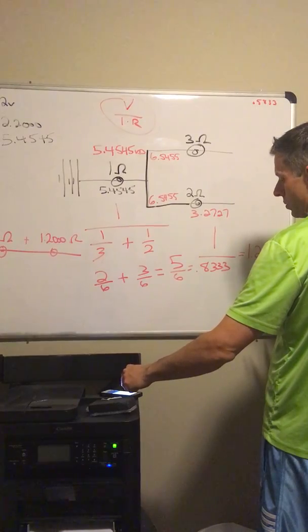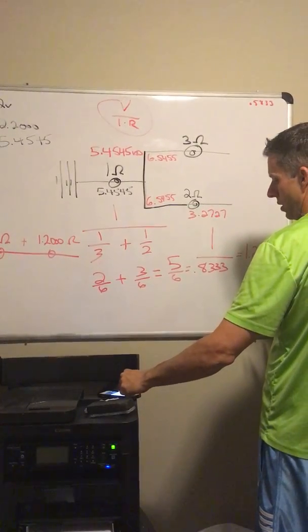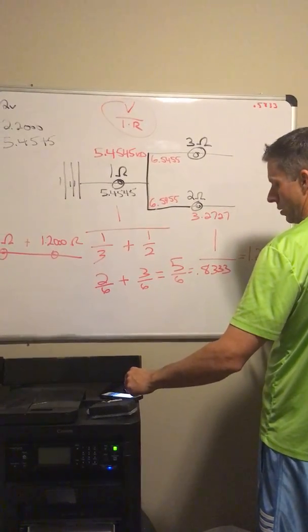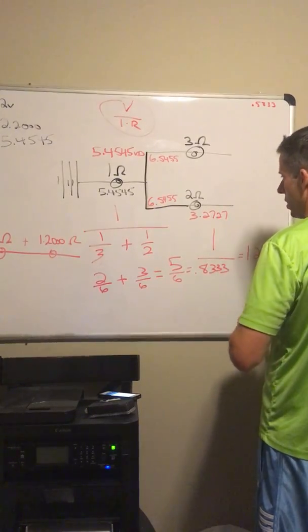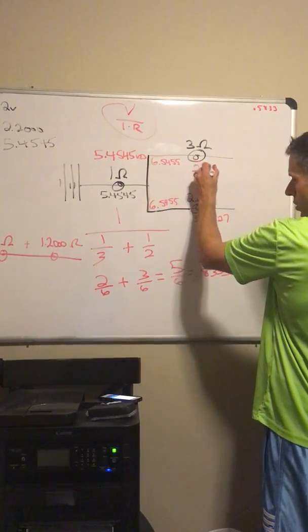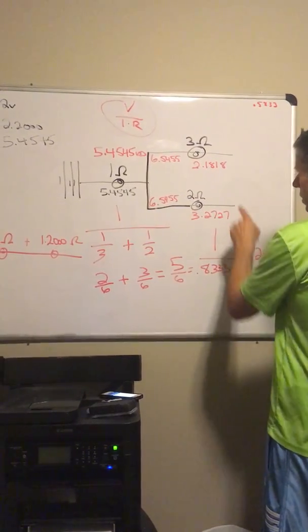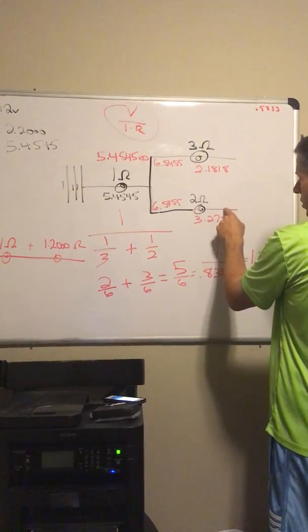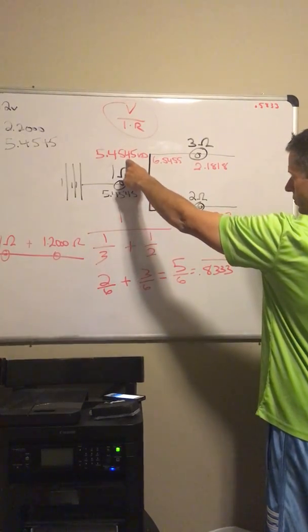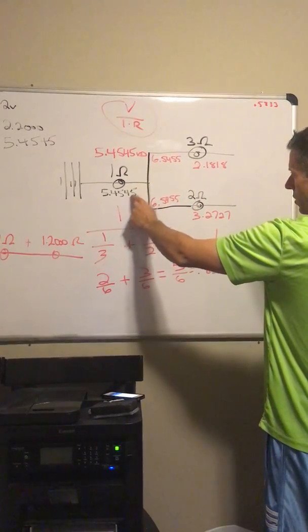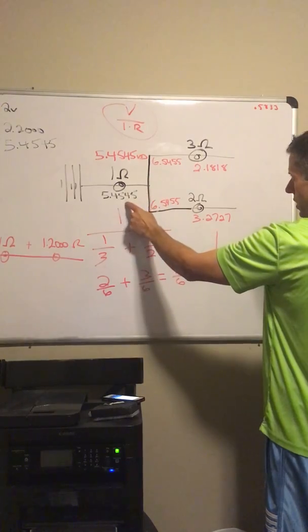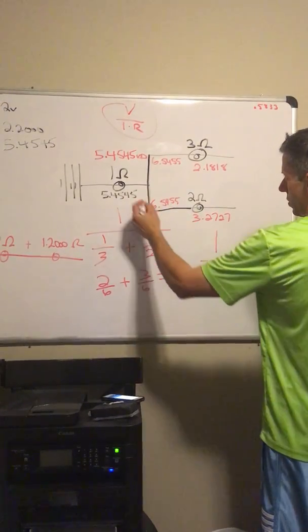And I take, for the top one, 6.5455 divided by 3 equals 2.1818. I'm sorry, these two amounts should add up to this total. That's my amperage.